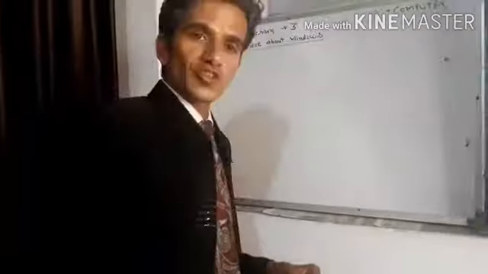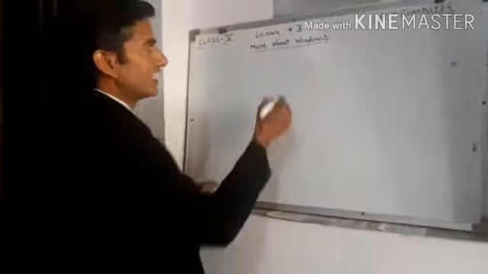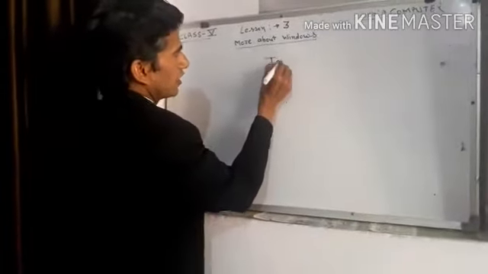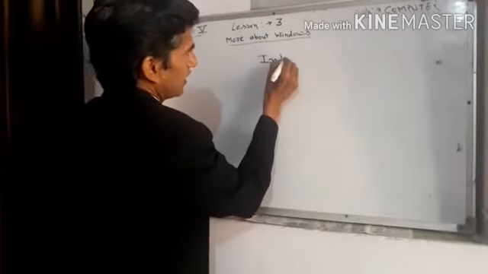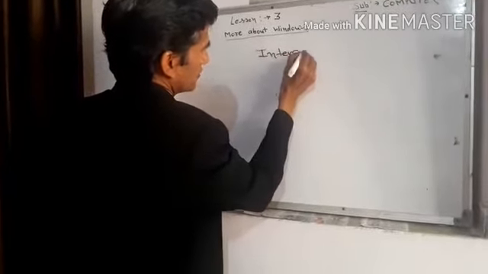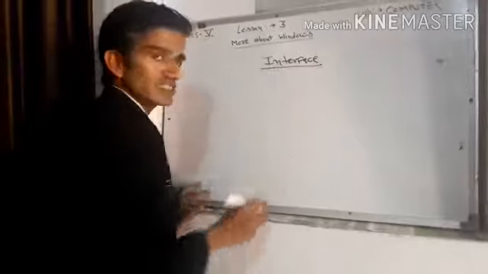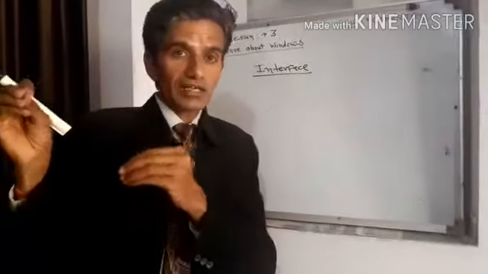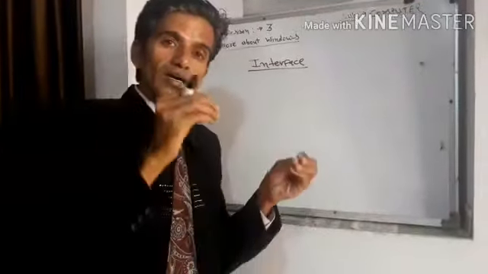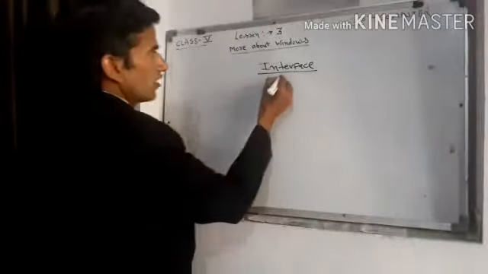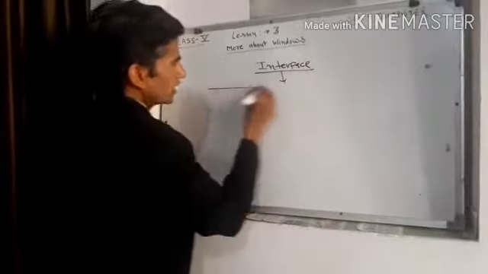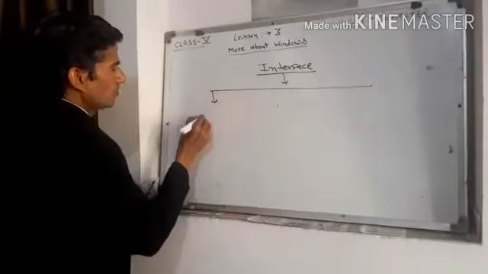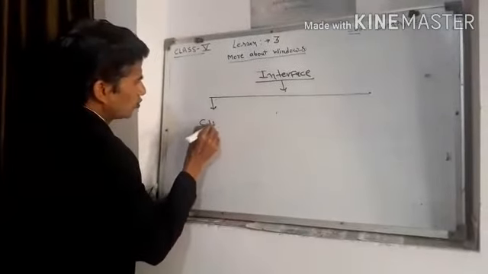Friends, first of all, we study about the interface. Interface means, in the computer, for users. There are two types of interfacing system. First of all, CUI.